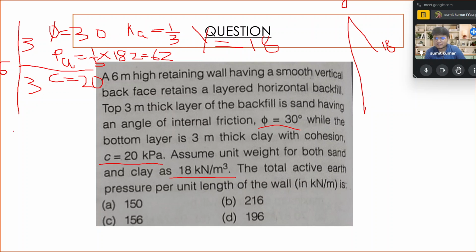Now for the bottom layer, we write PA as, phi is not mentioned, so K is 1 for phi equal to 0. And the top 18 3s are 54, so 54 plus 18Z.